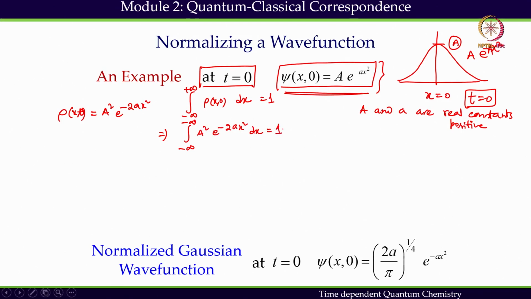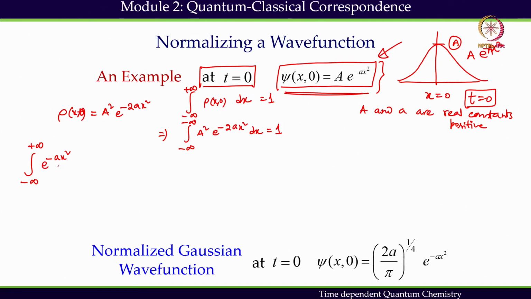Now, this is a standard Gaussian integration. On many occasions we will be using this standard integral, e to the power minus a x square. Part of the reason why we will often begin with a Gaussian function is that it is much easier to deal with analytically. Analytical expressions for the integrals are available for the Gaussian function, so we start with it to understand the basic idea and then move forward to more complicated functions as well.